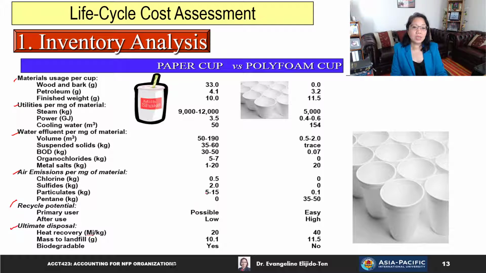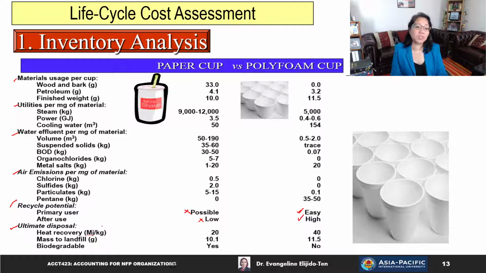So for example here, paper cup, at the primary use, the recycling potential is possible, but for polyfoam, the recycling potential is easy. So this is the winner, polyfoam cup. This one, paper cup, not so good. But after use, the recycling potential is low, polyfoam cup high. So again, that's the winner. This is not that good in that sense.